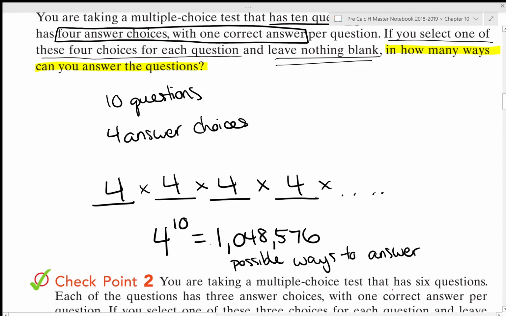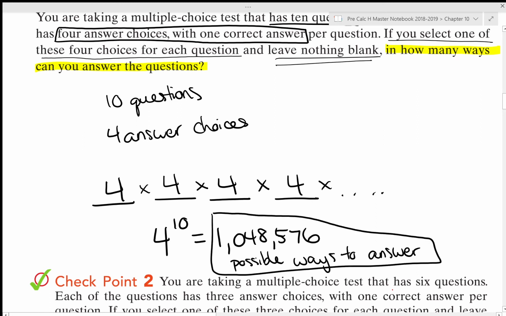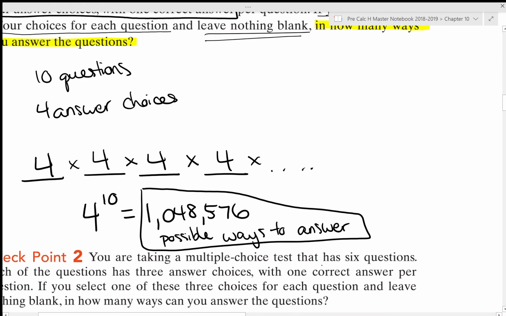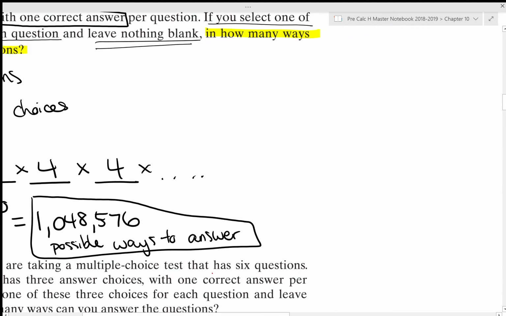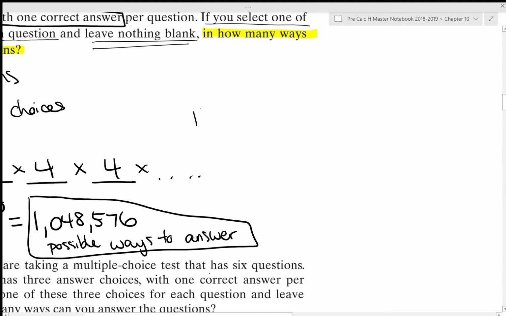Now, why would this be helpful? Well, let's say you didn't study and you're just going to wing it. You now know there are over 1 million possible ways you could answer this test, but you want a perfect score. So the way you're going to use this is, what's the probability of getting a perfect score?